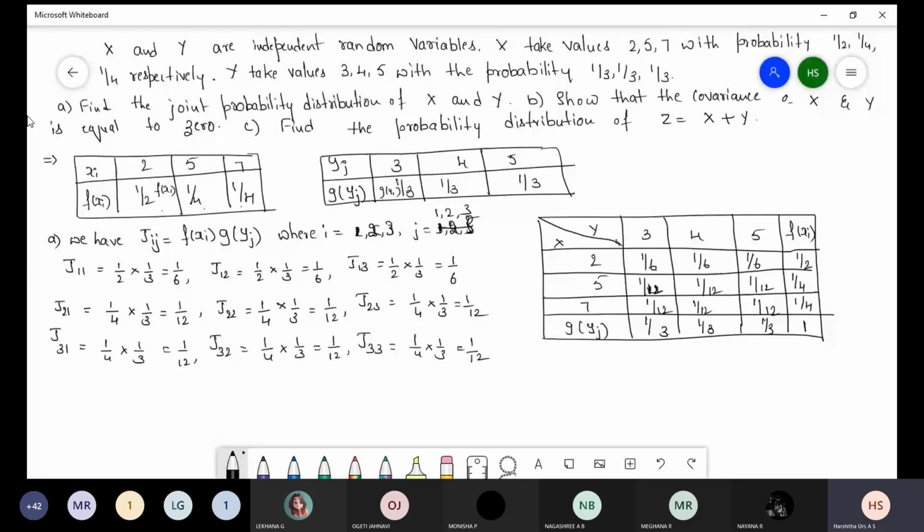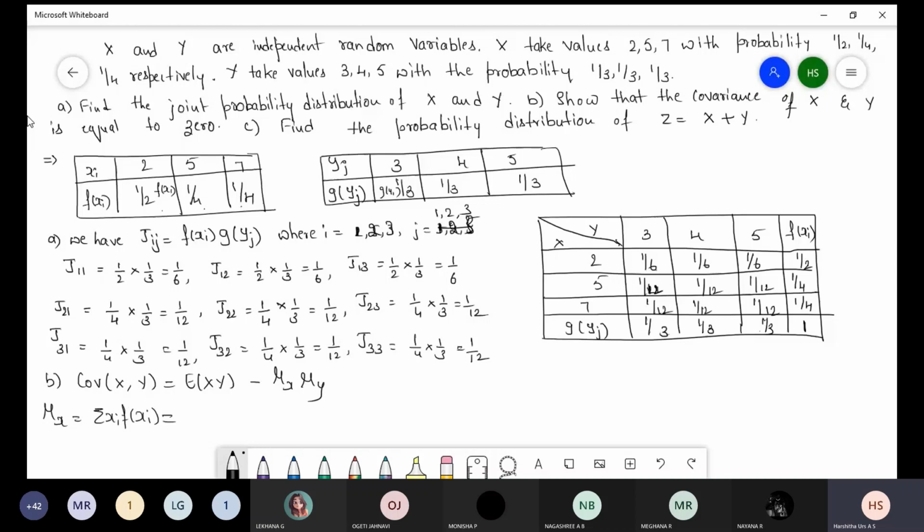Now we have to show that the covariance of x and y is equal to 0. So covariance of x comma y is equal to E of xy minus mu x into mu y. So here mu x is equal to summation of xi into f of xi.